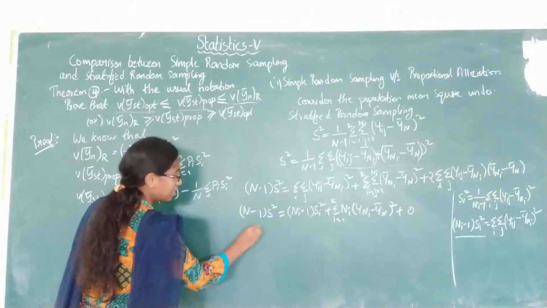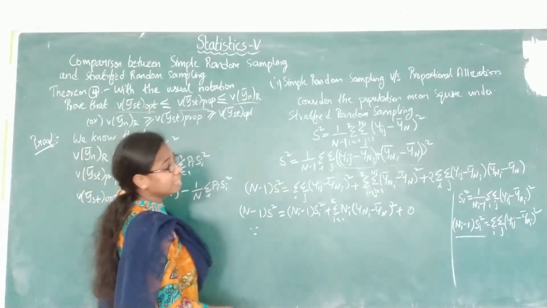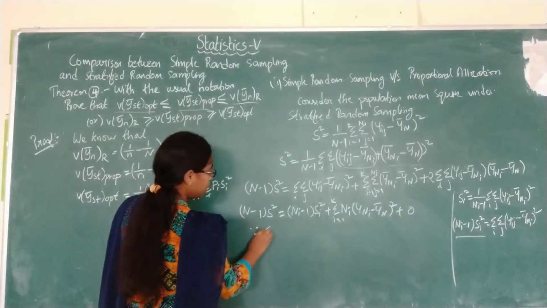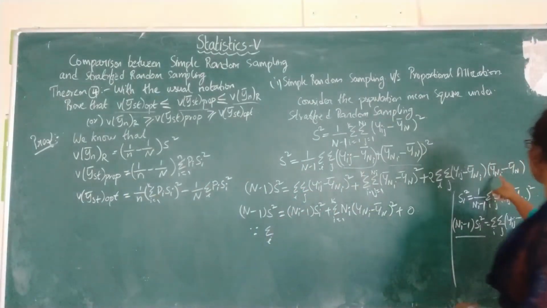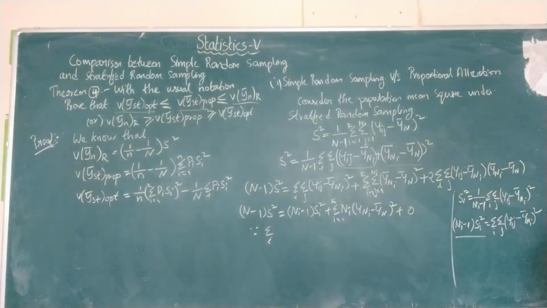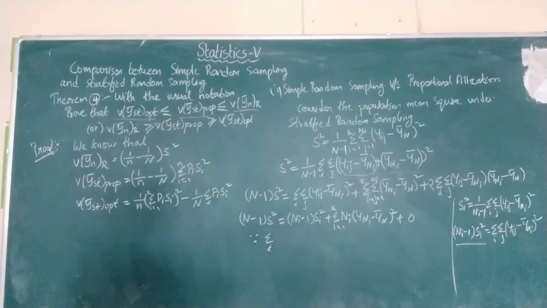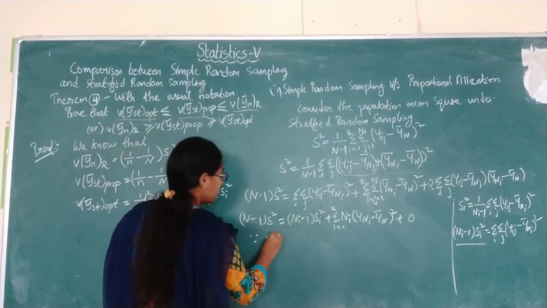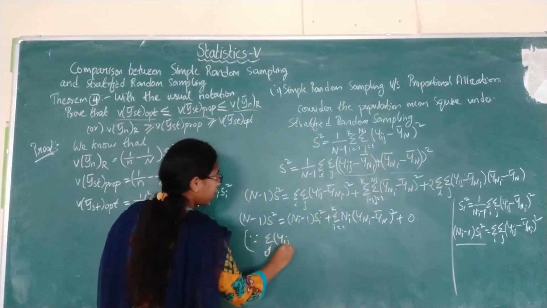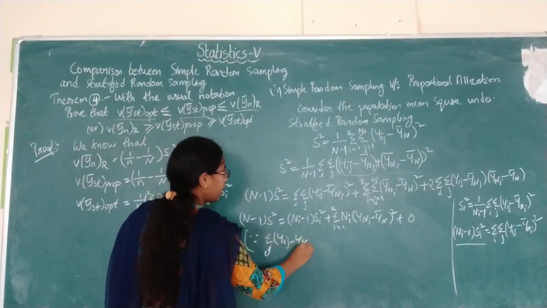Why? Consider the summation over j of (yij minus yni bar).